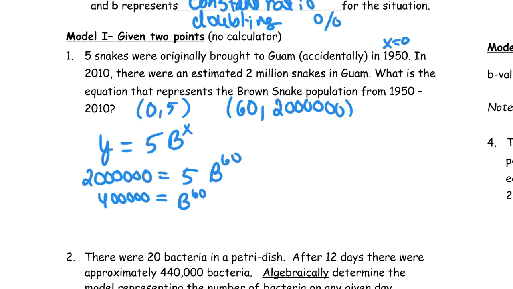Okay, I still don't have my b by itself. I'm going to raise both sides to 1 over 60. So we have b equals 400,000 to the 1 over 60. Okay, can we simplify that anymore?